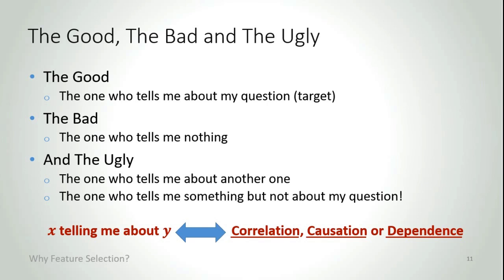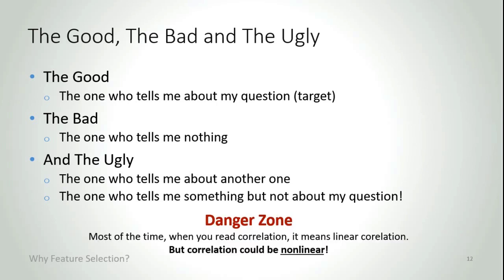X telling me about Y means three things: correlation, causation, or dependence in the probabilistic sense. We cover some definitions of all these, and then in the next videos we go explicitly into details.